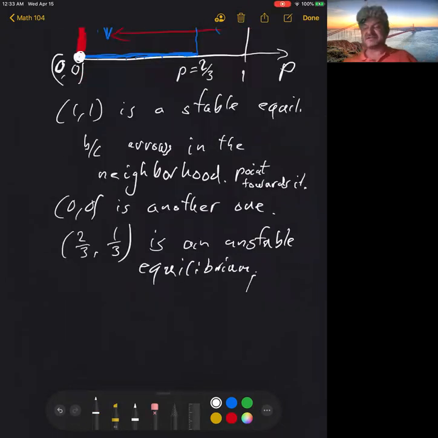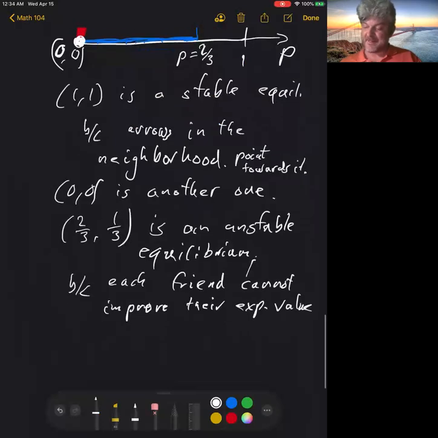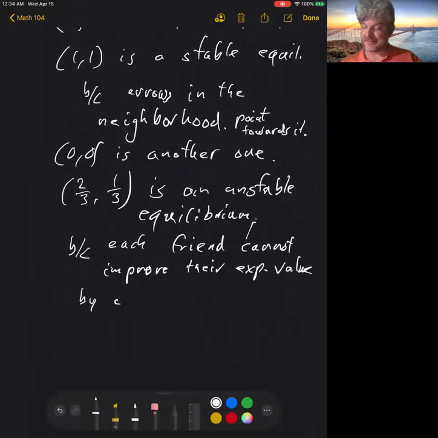For one thing, each friend could modify their choice, change it by a little bit, even a lot, and nothing changes for them. So they don't improve their expected value by changing their choice.